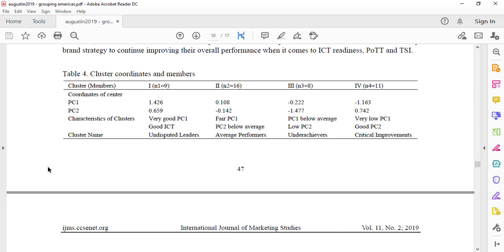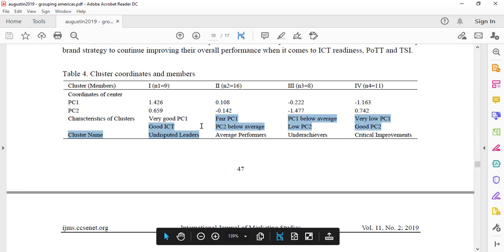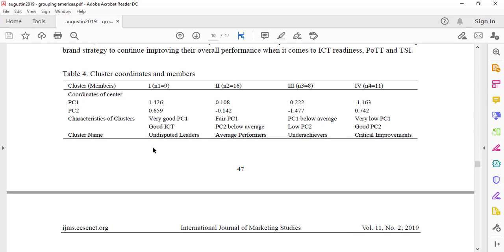Now, here's how we name our clusters. Cluster 1 was named Undisputed Leaders because they are overachieving in everything, if I may say. Cluster 2 was considered Average Performers because their PC1 was fair, maybe around average, and their PC2 was below average.